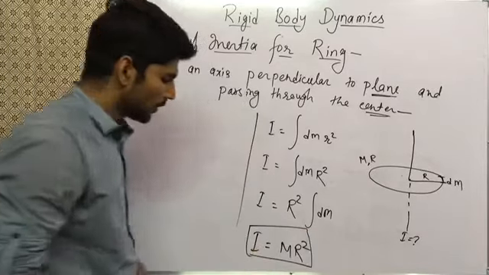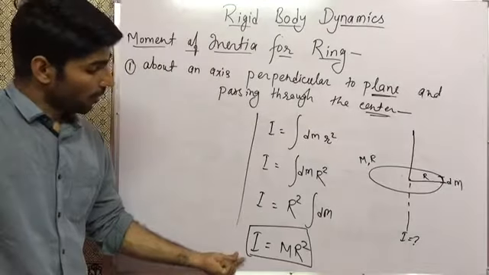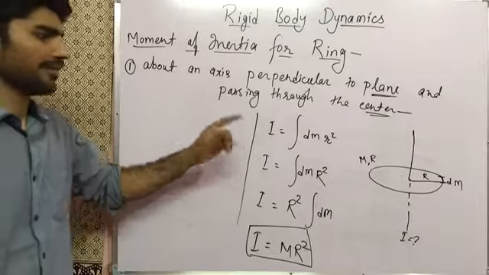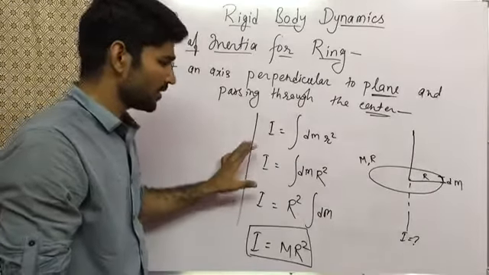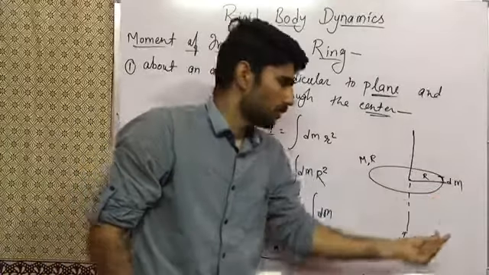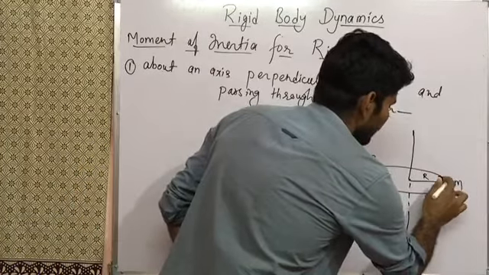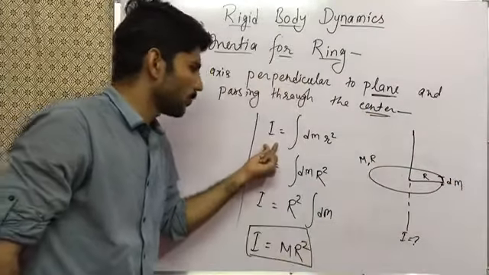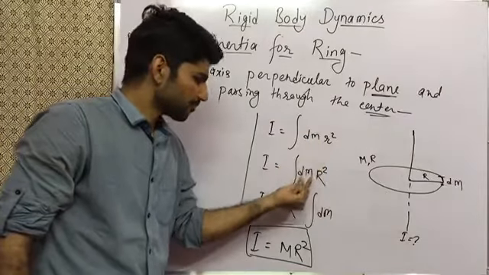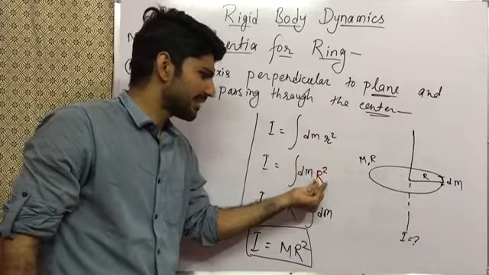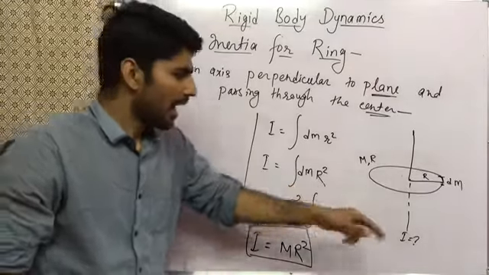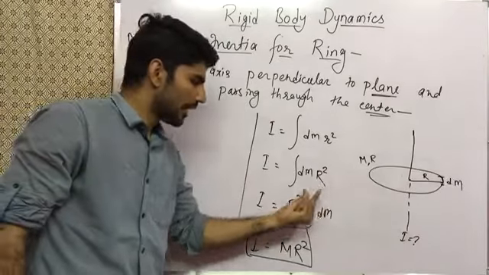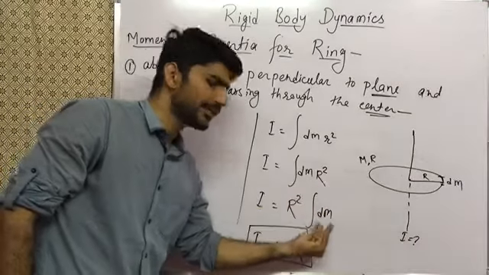So this is the moment of inertia for a ring about an axis perpendicular to the plane and passing through the center. It's quite easy. We took the small component because it's a rigid body, and this component is at a distance capital R from the axis. Then we use the formula dm R square. R is the distance of the small component, and it is the same for all components on the ring, so we took R out because it's constant and integrated dm.